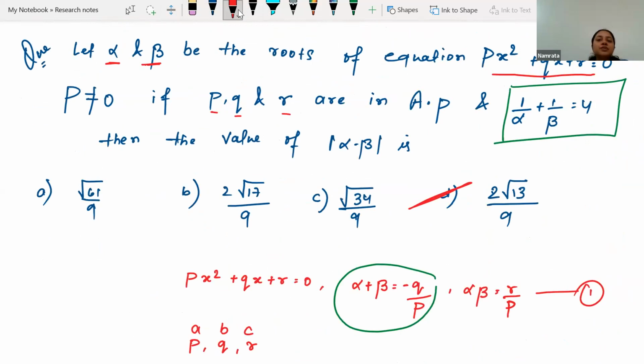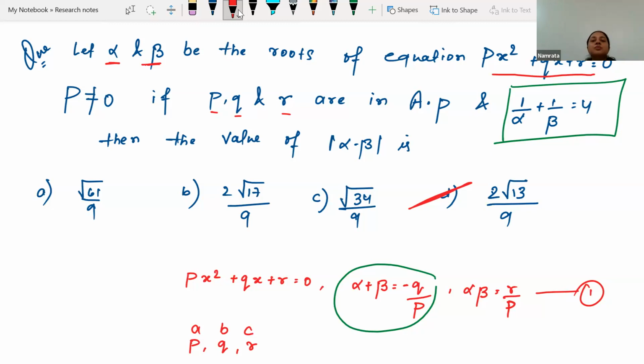So basically what are we doing? Whatever information, first line says this is a quadratic equation. Sum of the root, product of the root, bare minimum, that much we can do and we can keep it aside. The second statement is saying AP. So AP, we know the condition that the sum of the first and last term will be equals to twice of the second term.